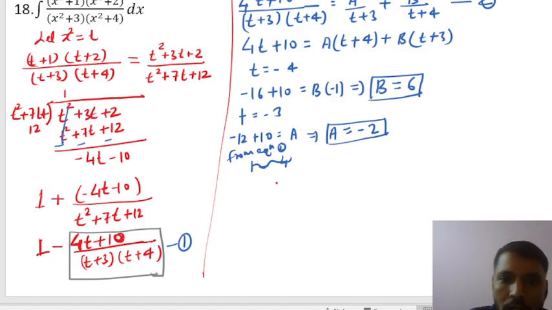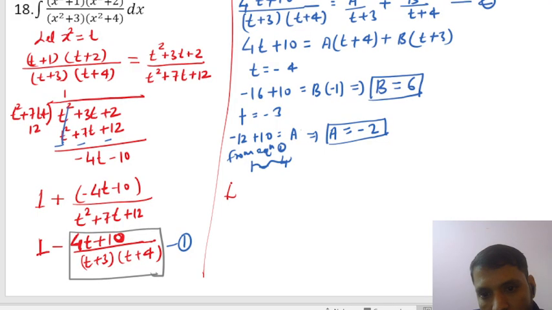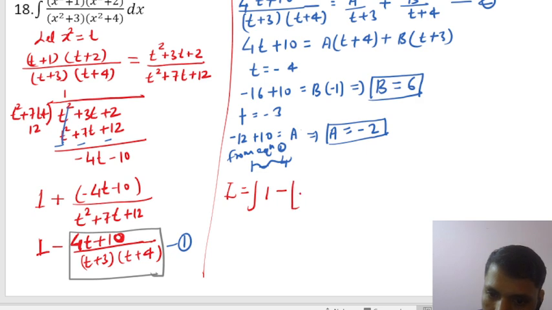I is equal to 1, and here we are going to solve this part separately. Let me take the curly bracket properly, because two brackets we have to use now.